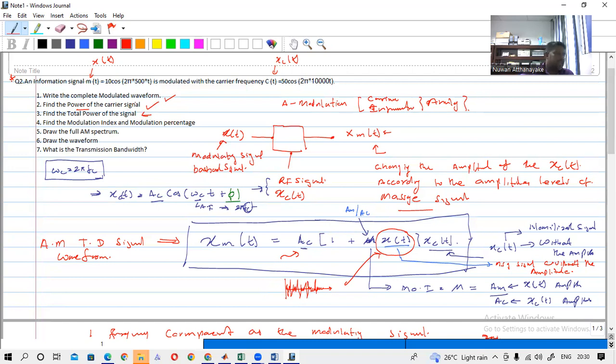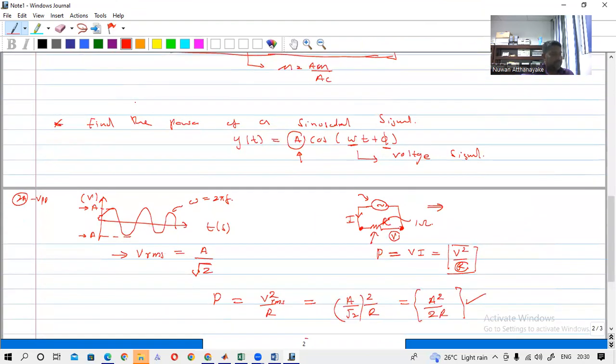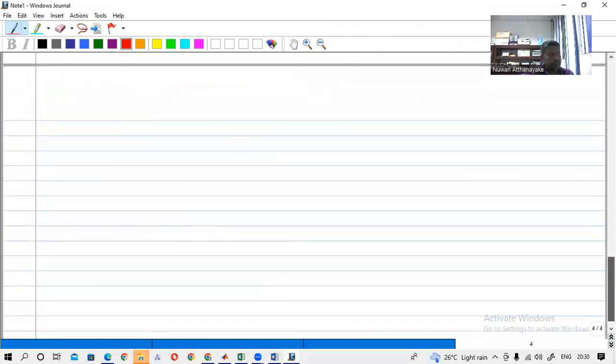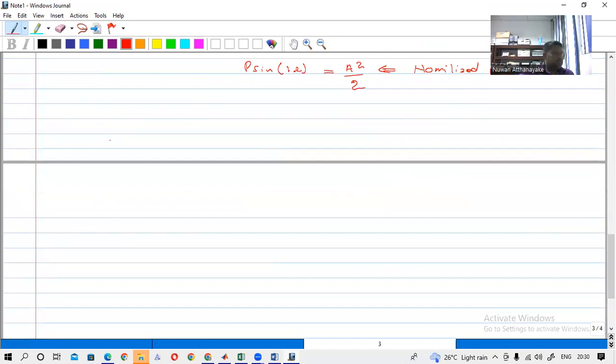We will try to write the waveform again. x_m(t) is equal to A_c times [1 + ...]. Now instead of mu, I will write A_m divided by A_c.